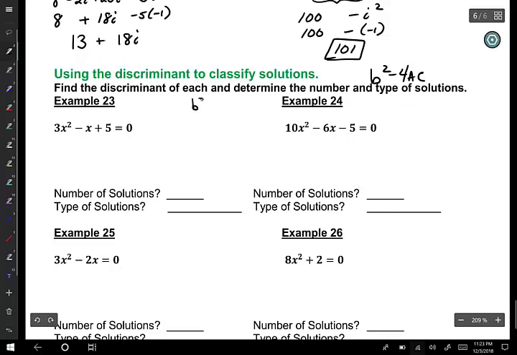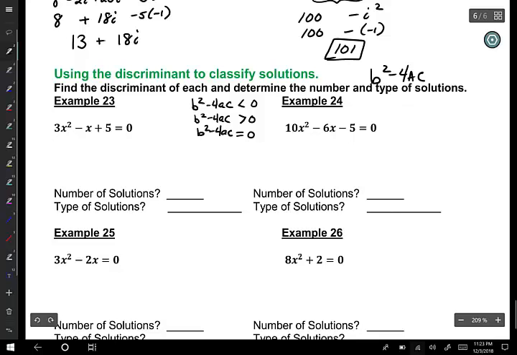And if b squared minus 4ac is greater than 0, you'll get real numbers. So we're going to answer, is it less than 0, is it greater than 0, or is it equal to 0? And based on those three different possibilities will be what kind of answers we have.